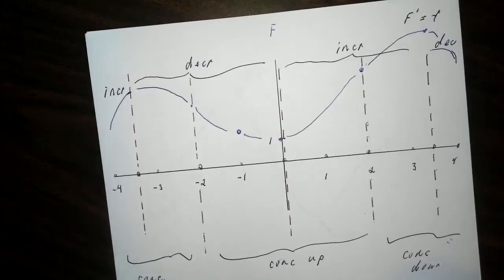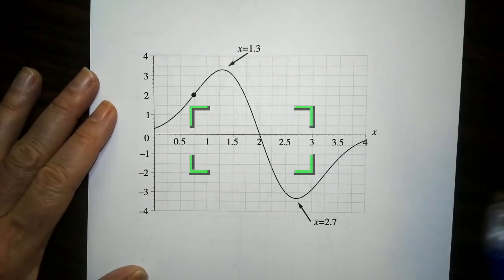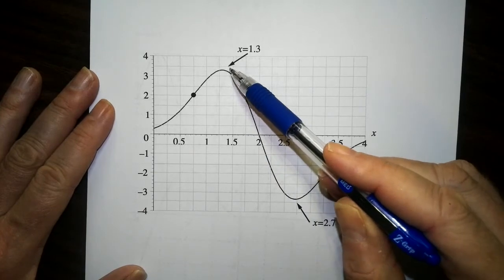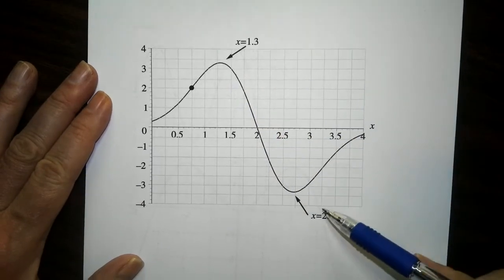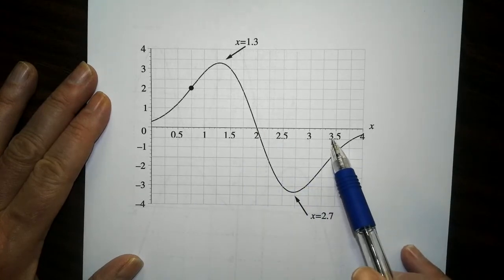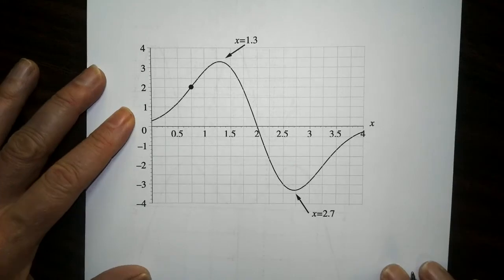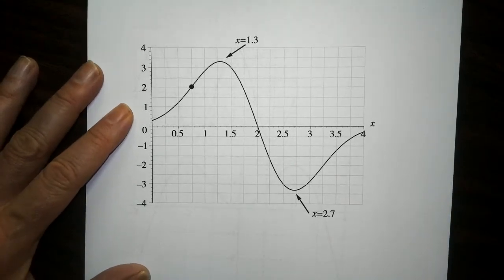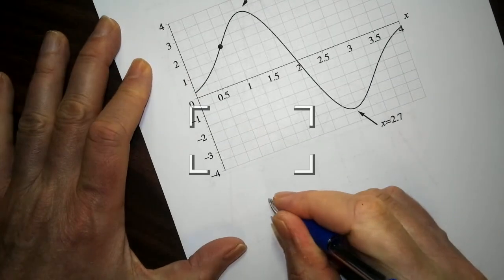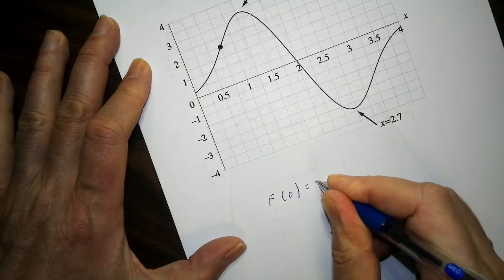in preparation for class. It's a function that looks like this. You'll notice that it has a maximum at about 1.3. It has a minimum at about 2.7. It switches from positive to negative at 2. And we have some grids here. So see if you can graph an estimated antiderivative. Let's suppose that capital F of 0 is 2.